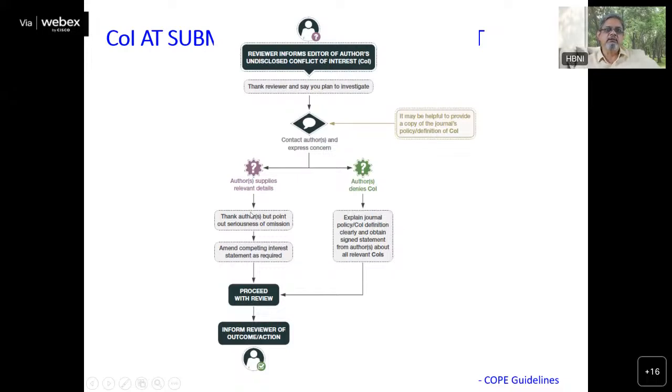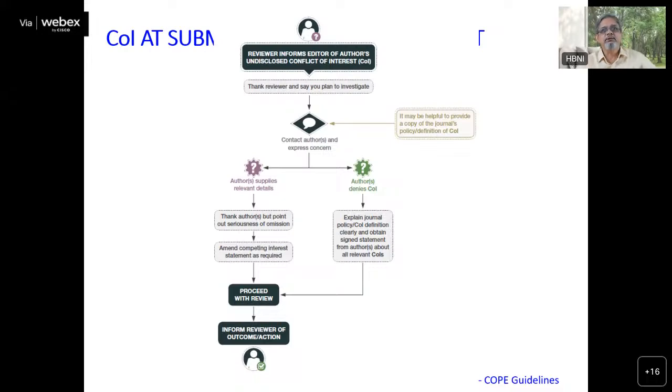In the other case, if the author supplies all the details, then you can take this into consideration, amend the conflict of interest statement, go ahead with the review, and finally inform the reviewer of the action taken, so that the reviewer can go ahead with the review of the manuscript.